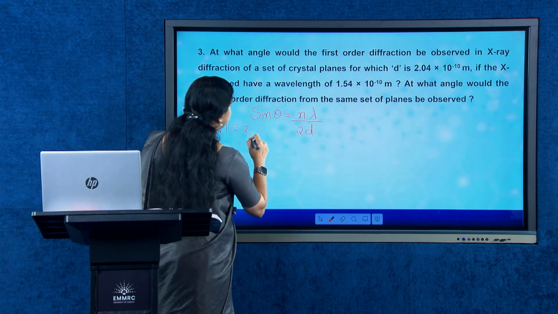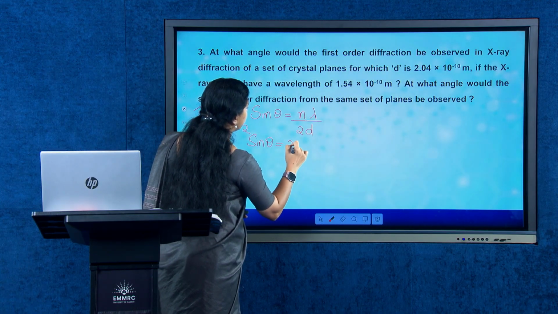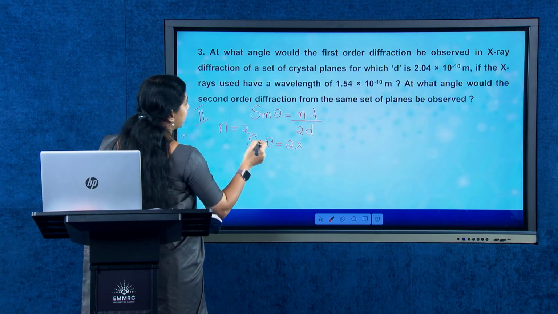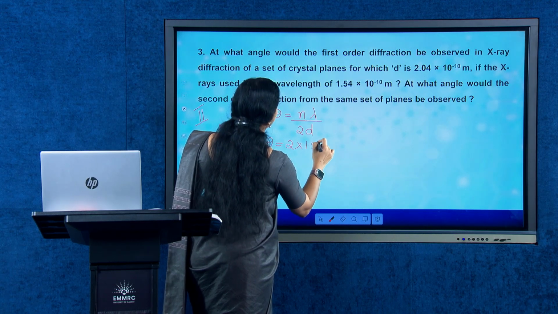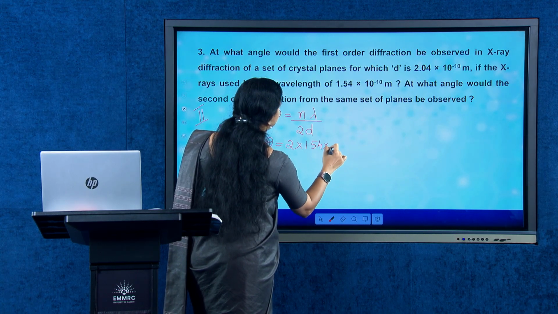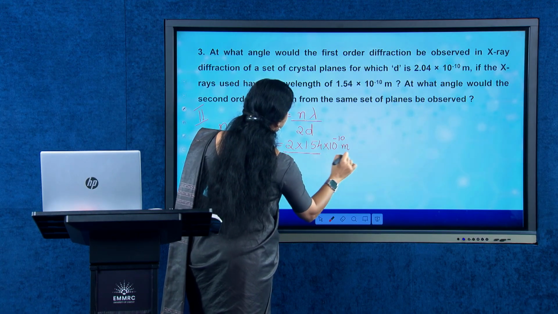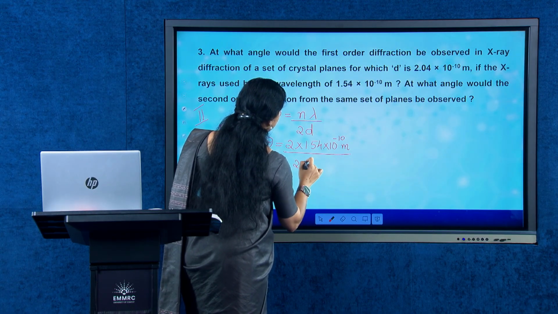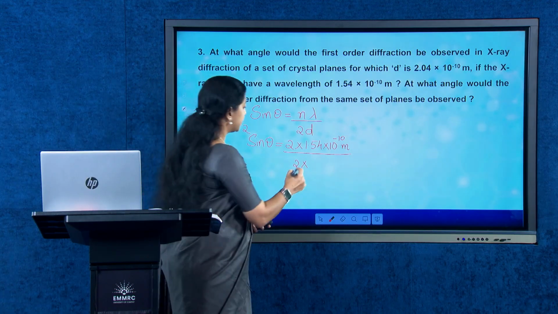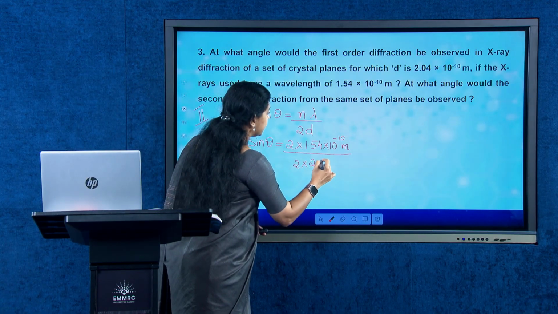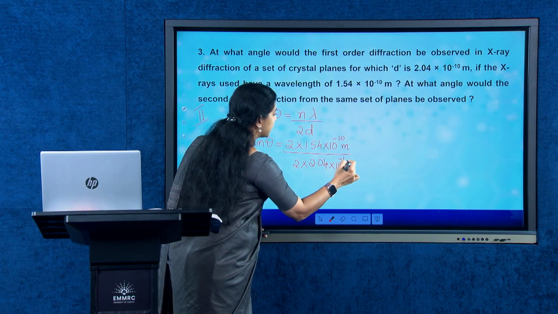So, sin theta will be equal to 2 into the wavelength. The wavelength lambda is 1.54 into 10 to the power of minus 10 meters divided by 2 into d, the spacing, and the spacing is 2.04 into 10 to the power of minus 10 meters.